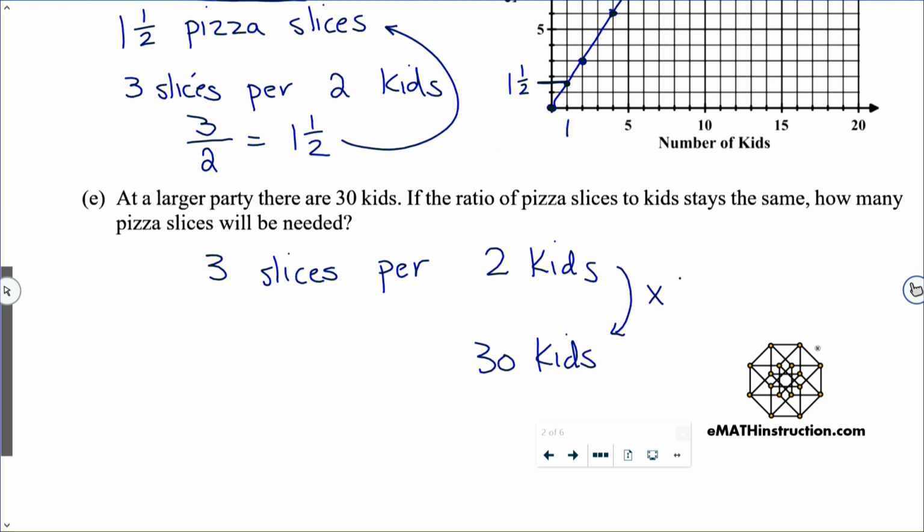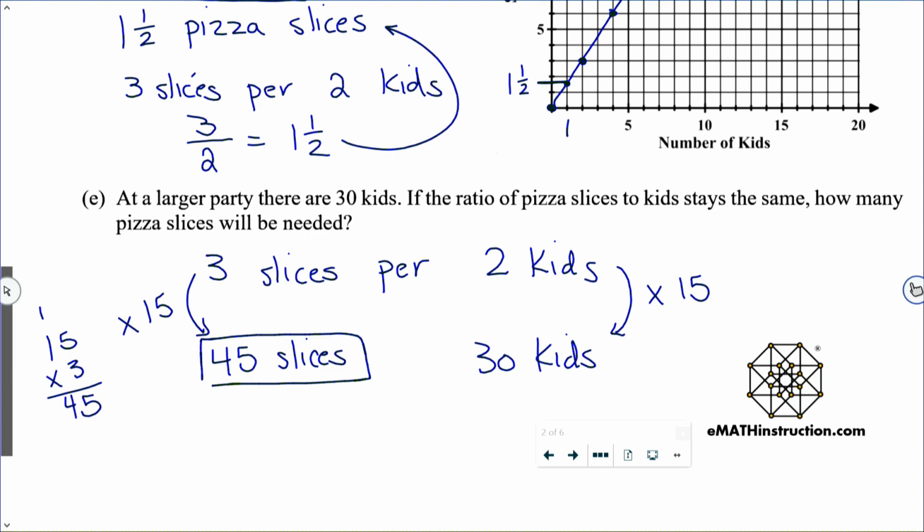Well, I would need to multiply those 2 kids by 15 to get up to 30 kids. I have to do the same scaling here. So I have to do 3 slices times 15, and if I do 15 times 3, or maybe you just know what 15 times 3 is, we would find that we need 45 slices.